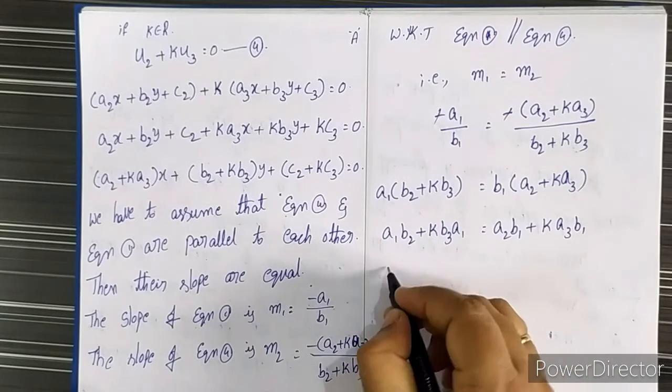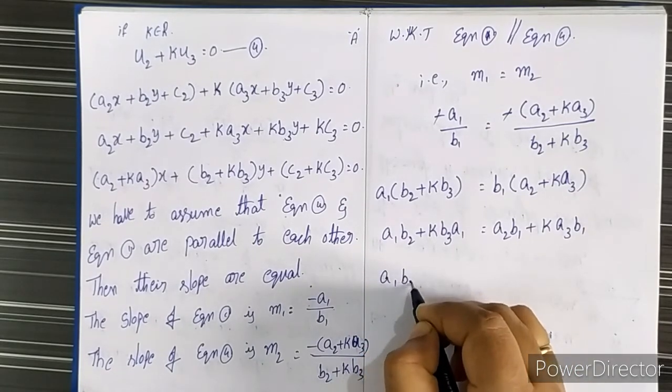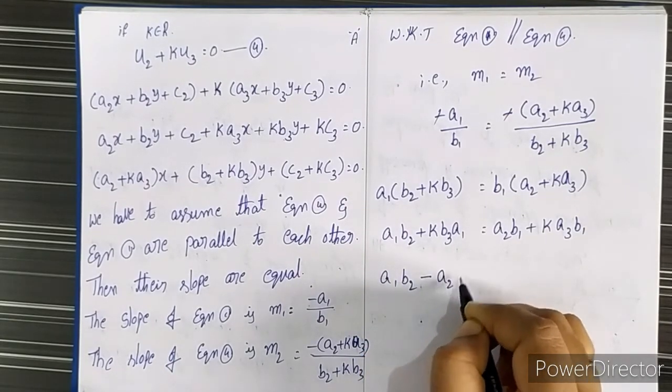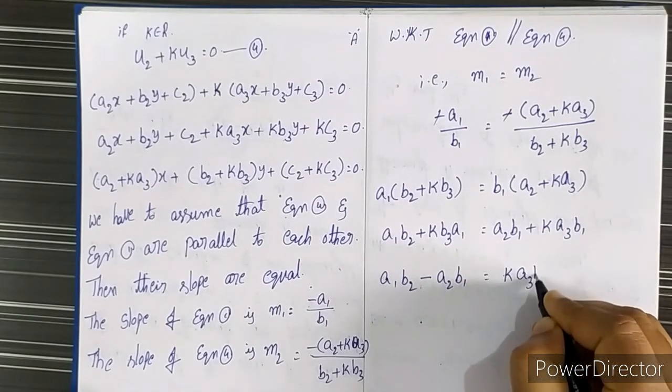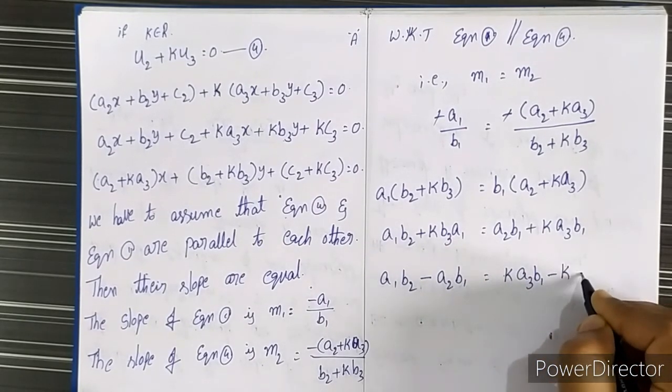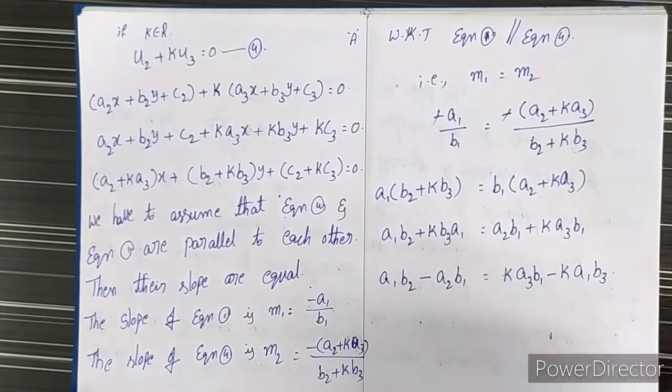Then taking similar terms, a1 b2 minus a2 b1 is equal to k a3 b1 minus k a1 b3.